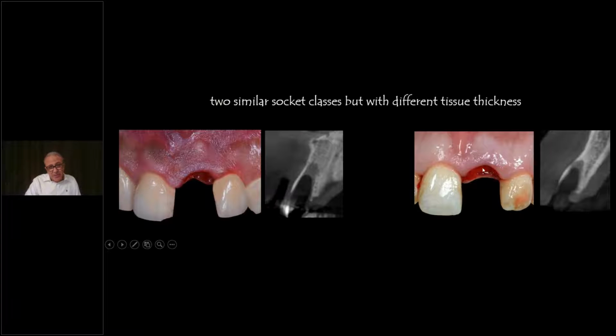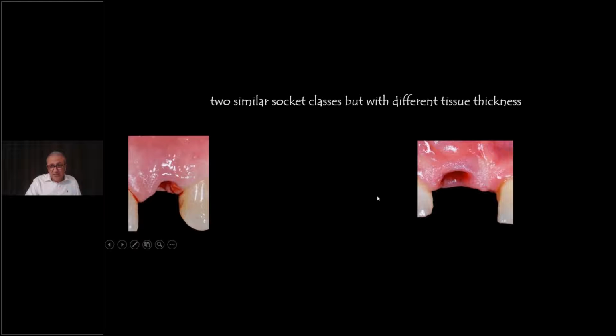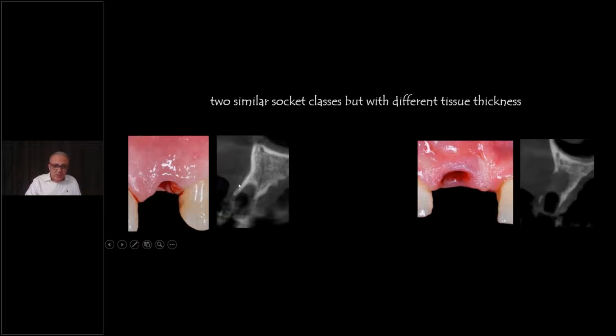But these are both class 1 sockets. So we have to distinguish between the 2 sockets one way or the other. Here are another 2 thin tissue cases, where one of them has bone and the other one has no bone completely. So we really need to distinguish between the sockets on the basis of the legendary classification.